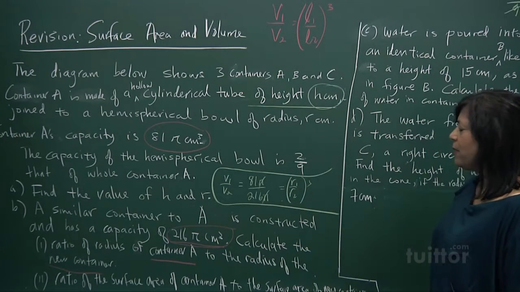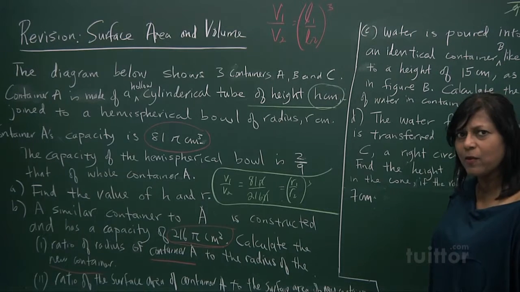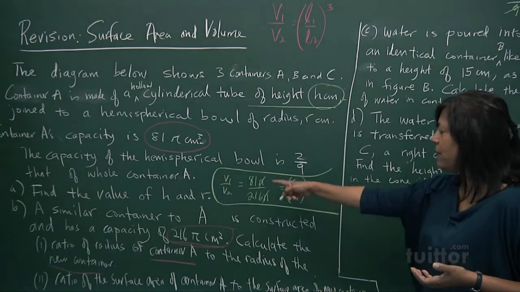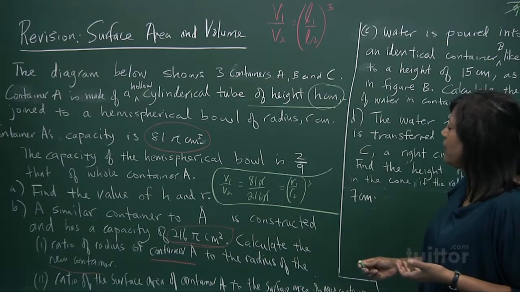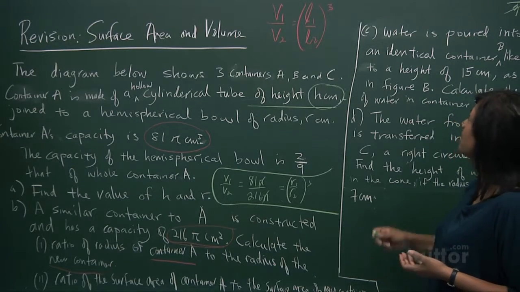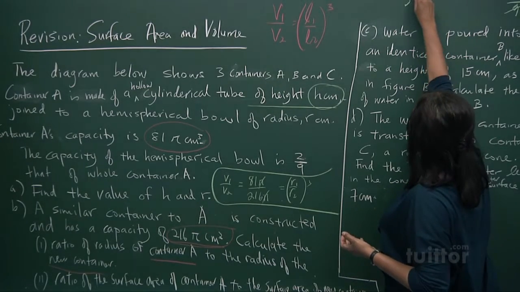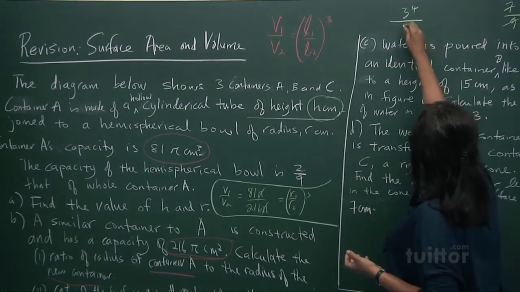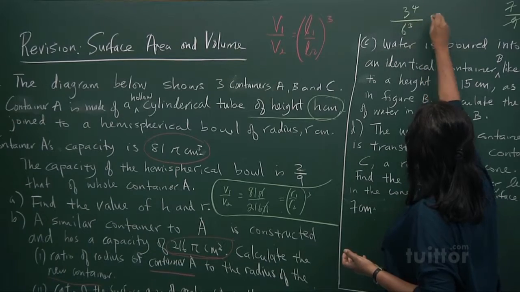Alright, so we look at 81. We can find the cube root if we can, will be good. Now, R1 over R2 will be the cube root. And if you look at 81, 81 is actually 3 to the power of 4. And 216 is 6 cubed, 6 to the power of 3.